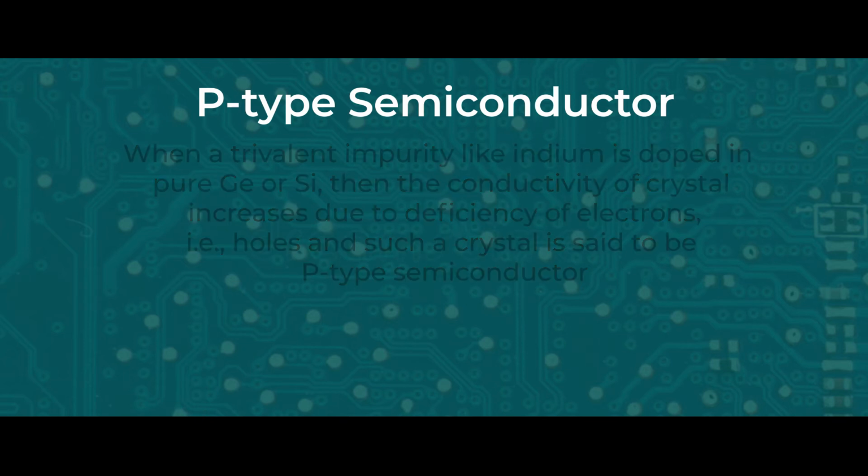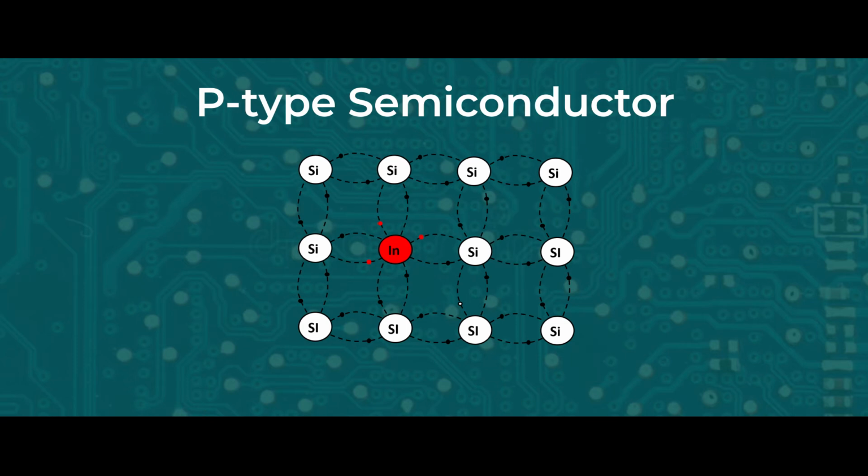You can see here silicon has again 4 valence electrons. So it utilizes all the 4 valence electrons in forming 4 covalent bonds with the neighboring atoms. But you look at the trivalent impurity atom, that is indium in this case.